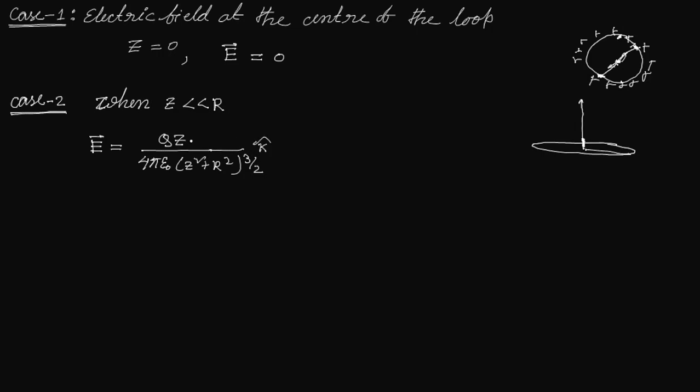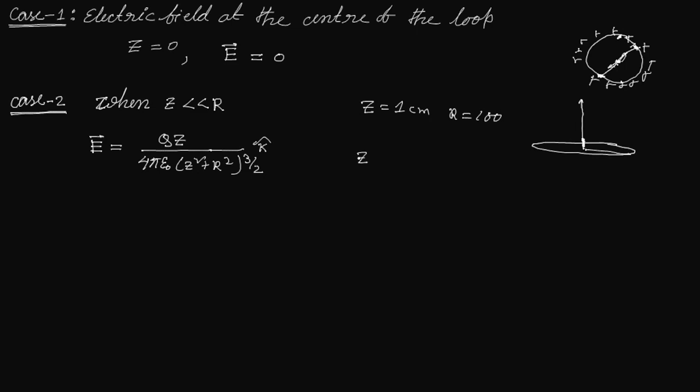Now you see, if Z is much less than R, let me give you one example. Let's say Z equals 1 centimeter and R equals 100 centimeter. In that case, if you take the square of Z and the square of R, what will be the value?